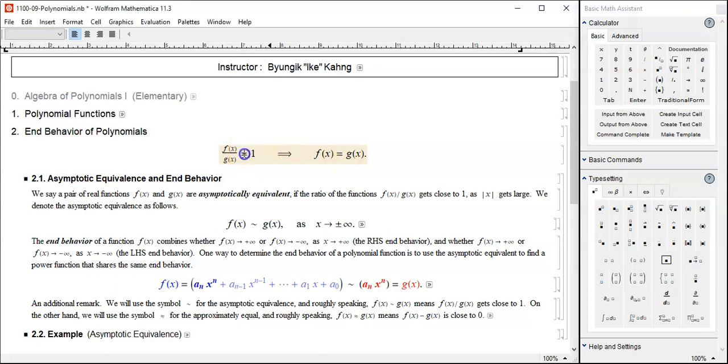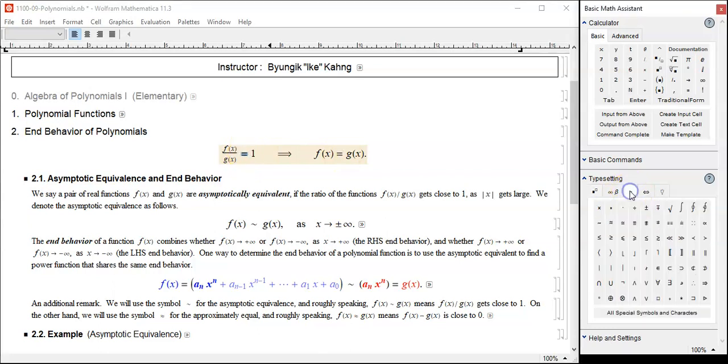Now this is not precisely equal to 1. It says close to 1, so approximately equal to 1. In that case, we have asymptotic equivalence. Wait a minute, what's the difference between this and that? We have a double dash here, kind of like a weak equality sign, and this one was a single dash.